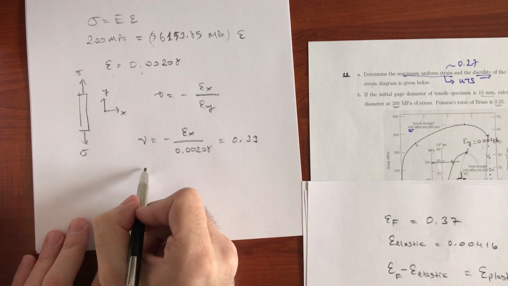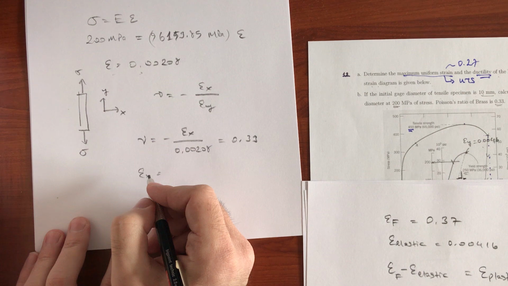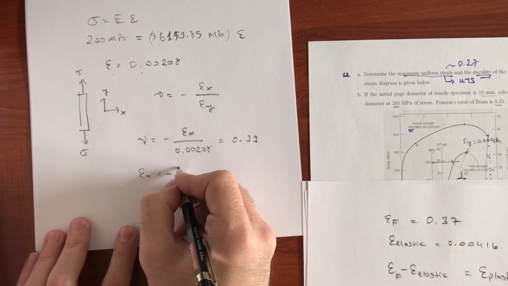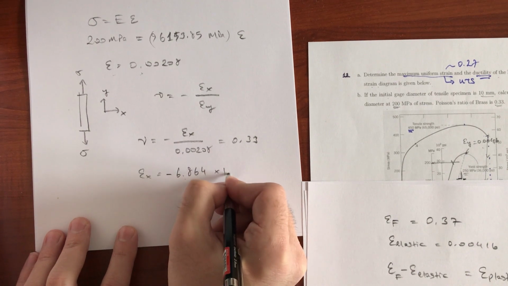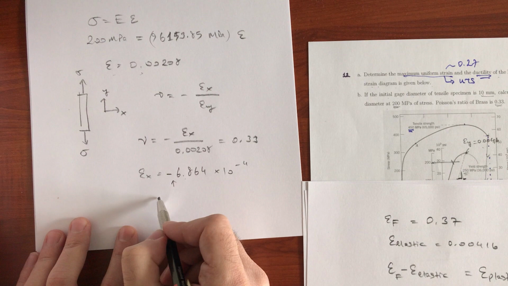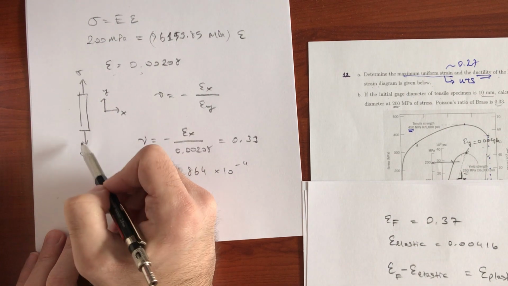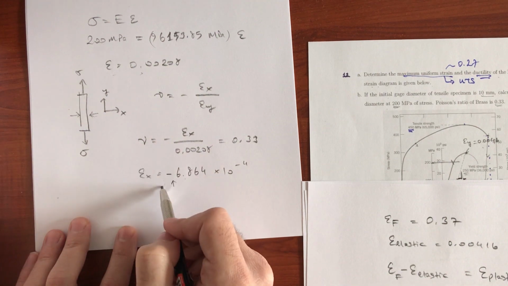If you multiply these values, the strain in the diameter is going to be minus 6.864 times 10 to the power minus 4. The minus sign is there since the elongation in length causes a reduction in diameter.